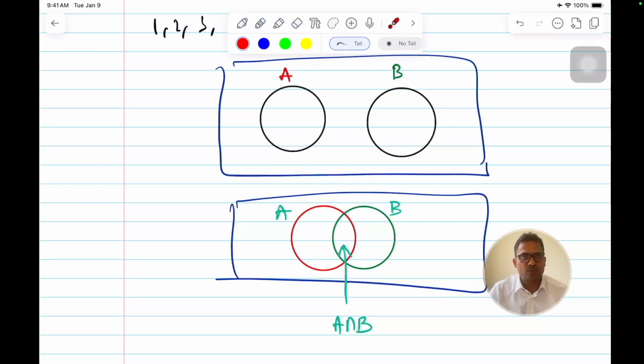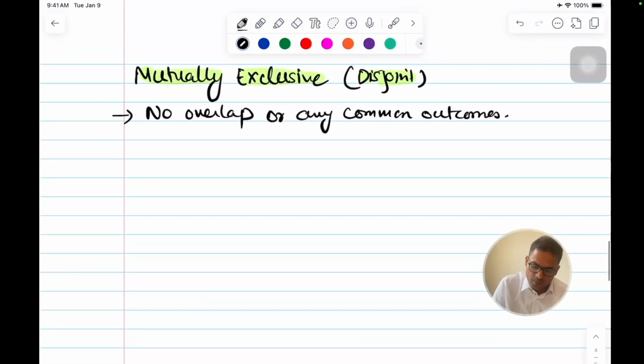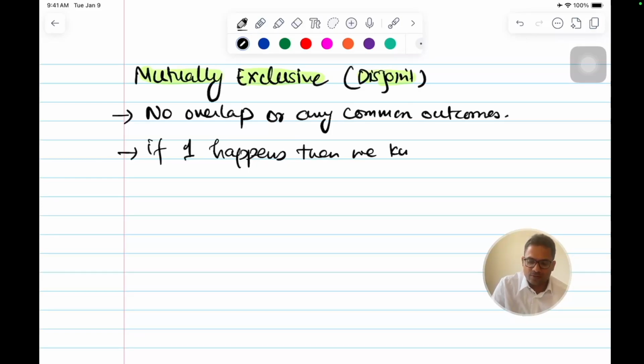So if we know that two events are mutually exclusive, we can say that if one has happened, then the other will definitely not happen. This is what mutual exclusion means.